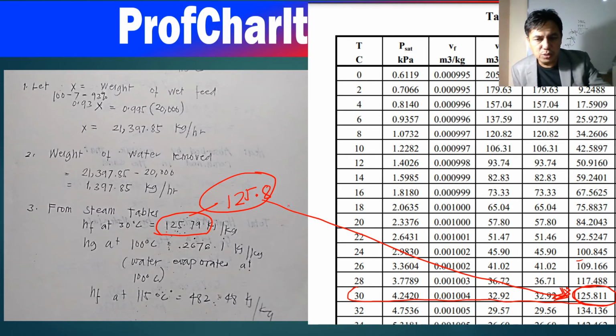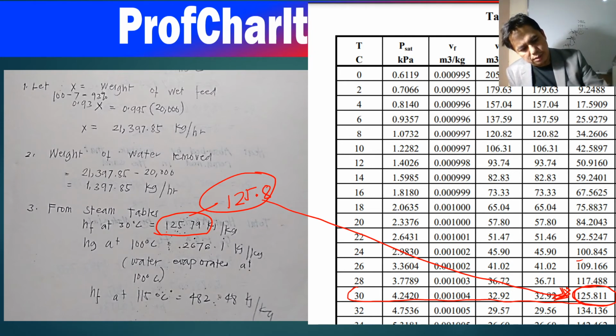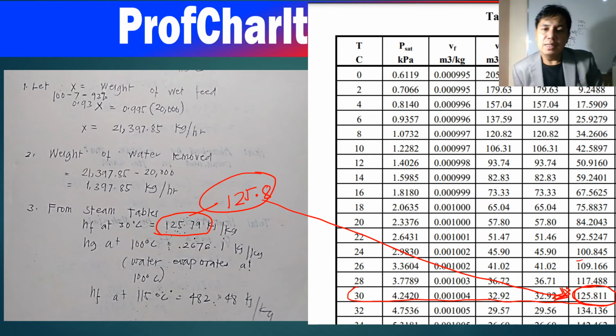Now, why do we use 100? Because water evaporates at 100 degrees centigrade. So when the steam is applied to that sand, the water in the sand will boil, and water starts to boil at a very specific temperature, and that is 100. So 100 degrees centigrade is the saturation temperature of the water.